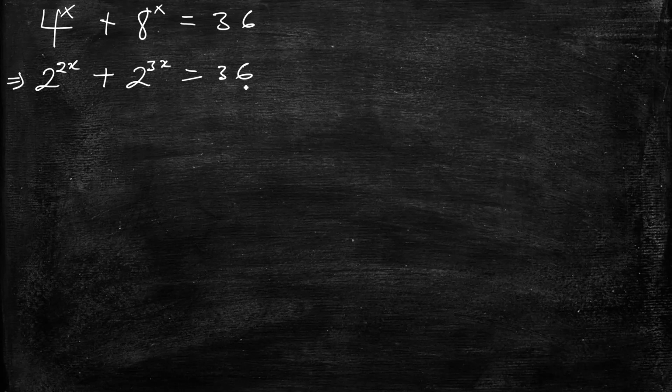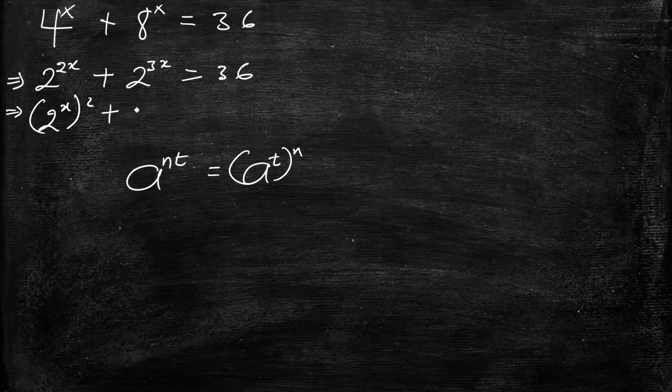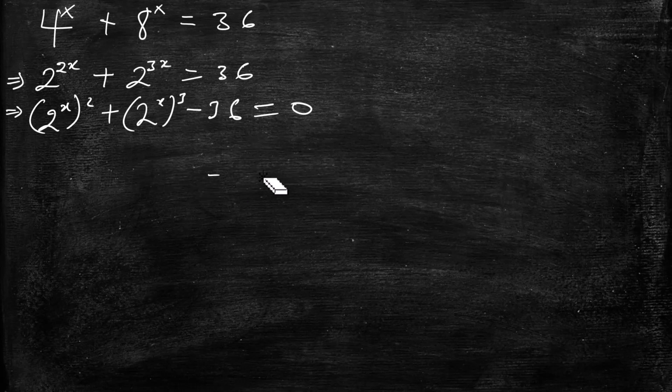In case we're given a to the power m n the same as a to the power n m, we can say (2 raised to x) all squared plus (2 raised to x) all cubed minus 36 equals 0.